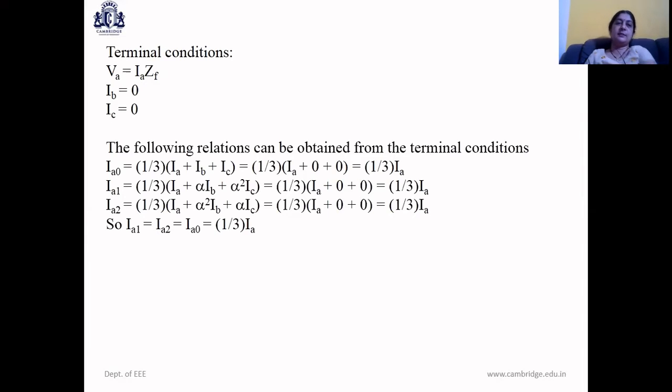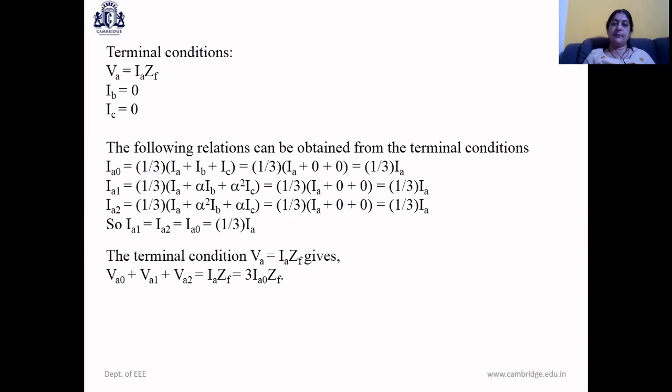Coming to the voltage expression, we have VA equal to IA into ZF, but VA is equal to VA0 plus VA1 plus VA2, and IA is nothing but equal to 3 times of IA0. IA0 is 1 by 3 times of IA, therefore IA is equal to 3 times of IA0.